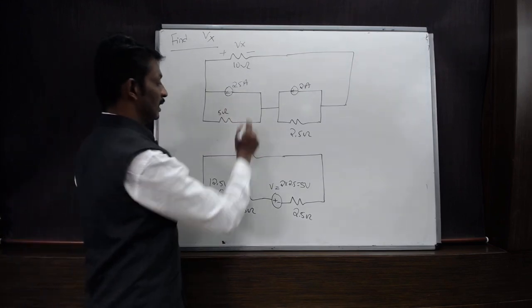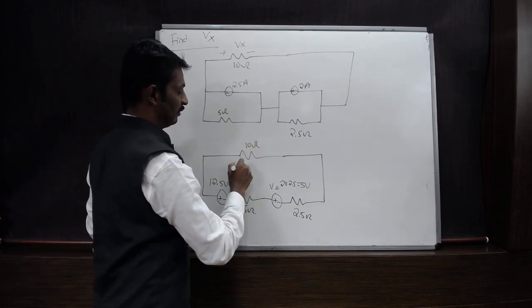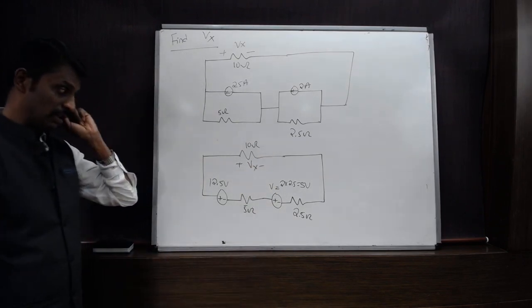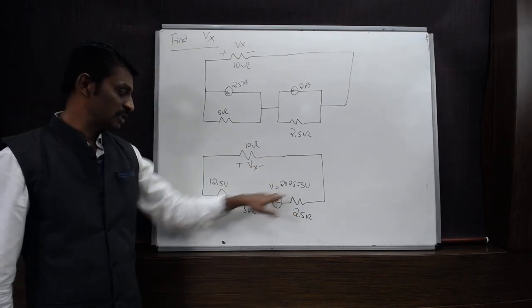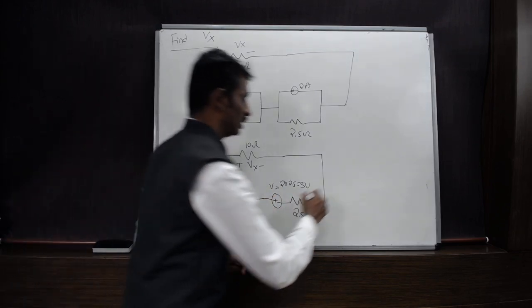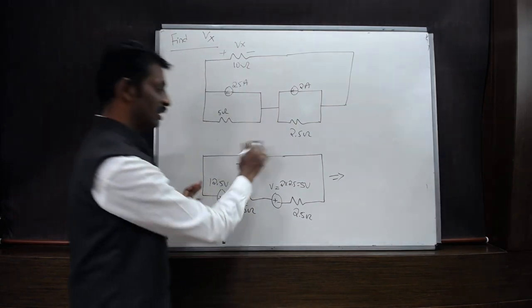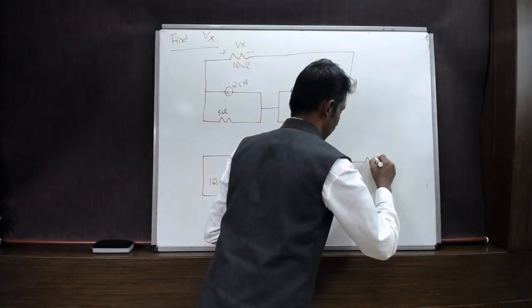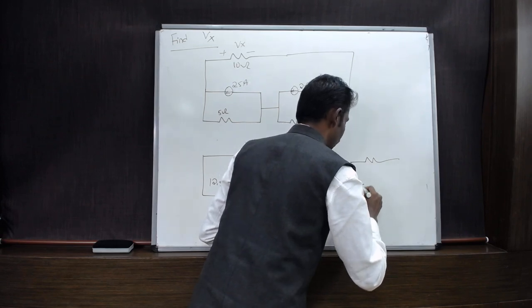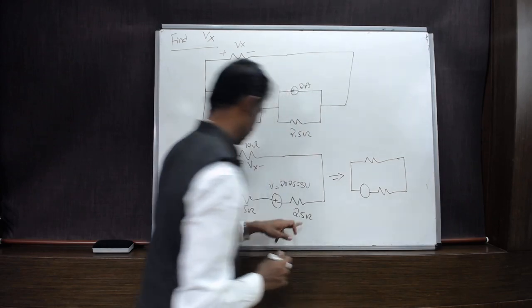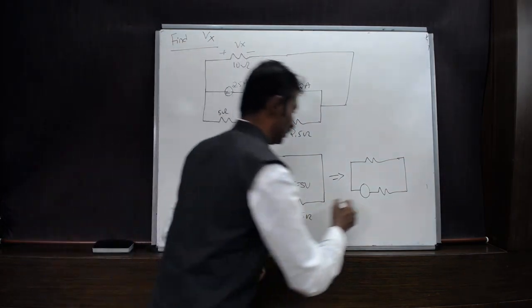Okay. And this 10 ohm will be there. We need to find out the Vx here. So we got 12.5 volts, and these two resistors are in series. Let us redraw the simplified network, or we can apply the KVL in this path only. Let us redraw it, a circuit which consists of a single voltage source and a single equivalent resistance.